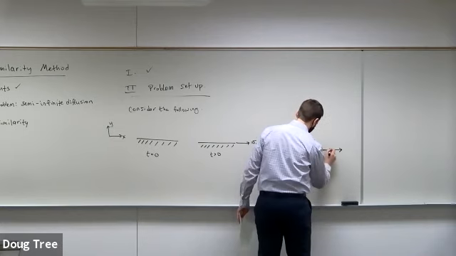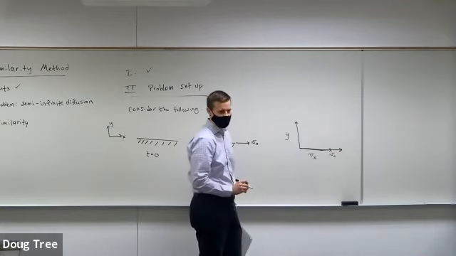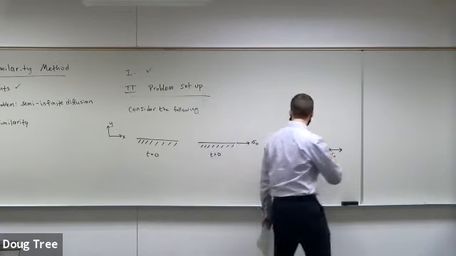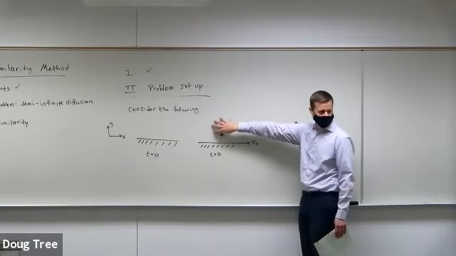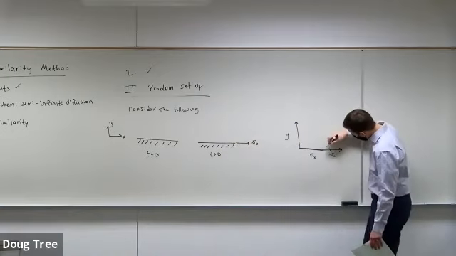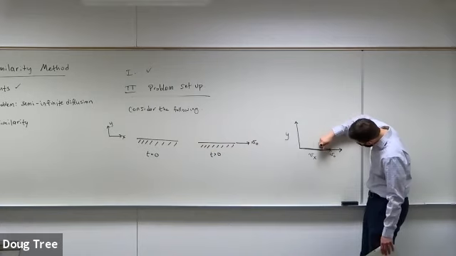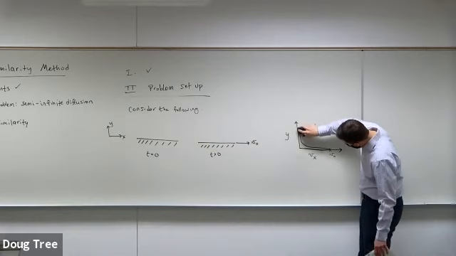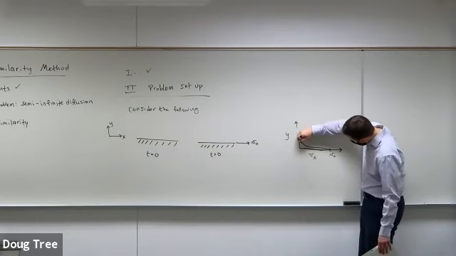I'm going to get a velocity that looks like that at the very beginning. And then what happens a little bit after that? It's probably going to start to move the fluid above it. So a little bit after, I'm going to get something that looks like this.